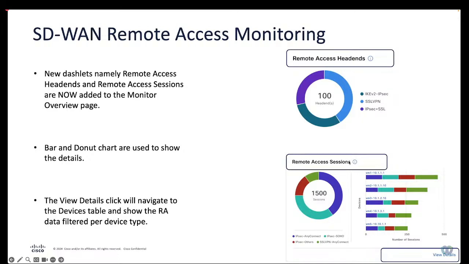And remote access session is giving you the visibility into how many remote access sessions are in your network and the sessions per remote access headend, categorized into the remote access client type that you can see.